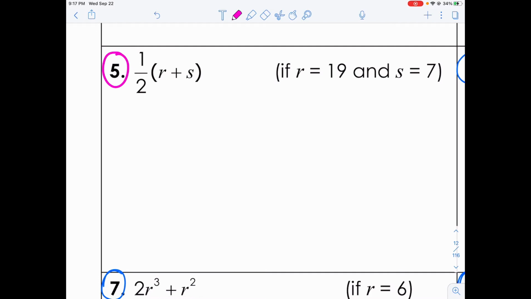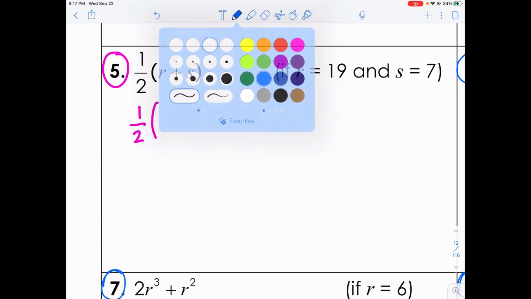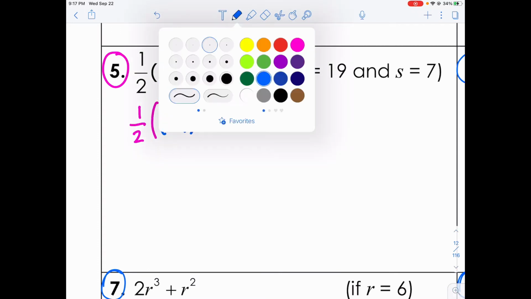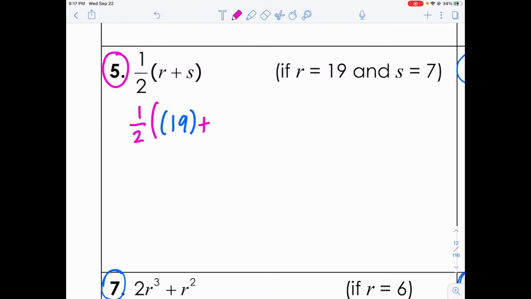This is 1/2 times r plus s. So I'm going to substitute in what I know inside of parentheses. So I'm going to do r, which is 19, plus, and then I'm going to substitute in s, which is 7.